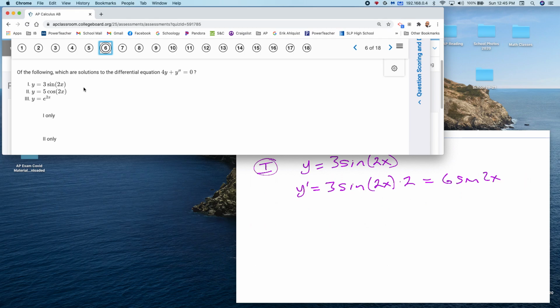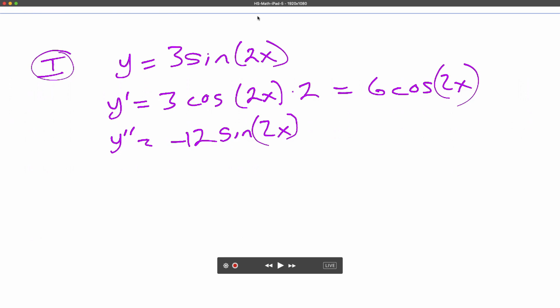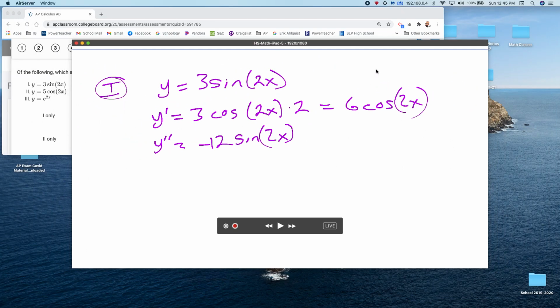Not sine, cosine, sorry, this should be cosine. So notice that the next time I do it, y double prime is going to be negative 12 sine 2x. Oh, I didn't mean to do that. Let me go back to this.